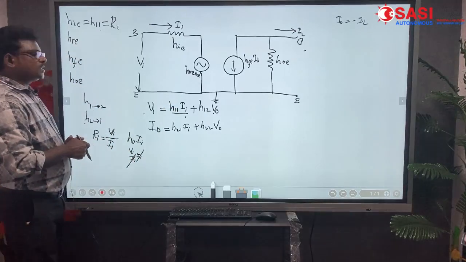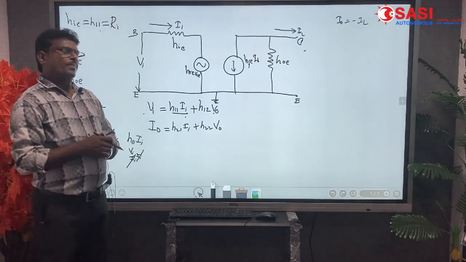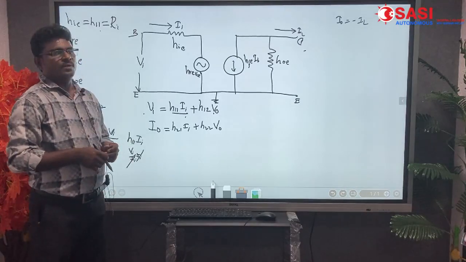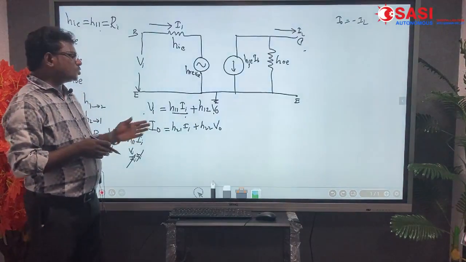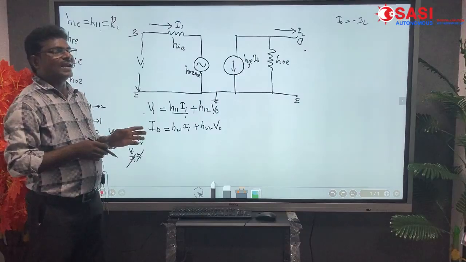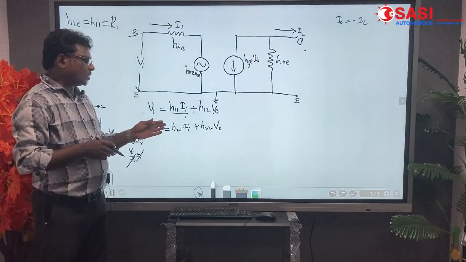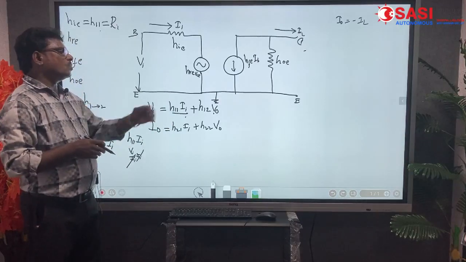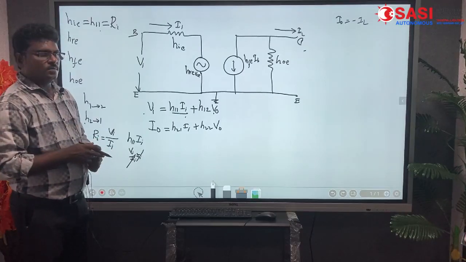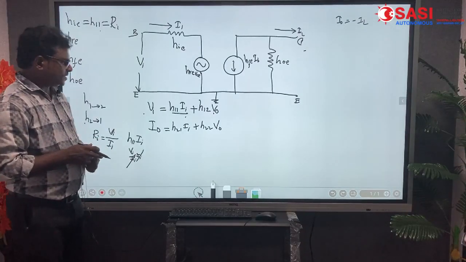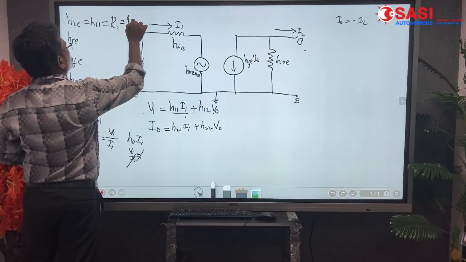So we can easily identify these parameters using these two equations. We must form the two equations for a good understanding of these parameters. Without these two equations, we cannot understand these parameters clearly. H11, H12, H21, H22. So now we can go to the H12 parameter. Notify this.